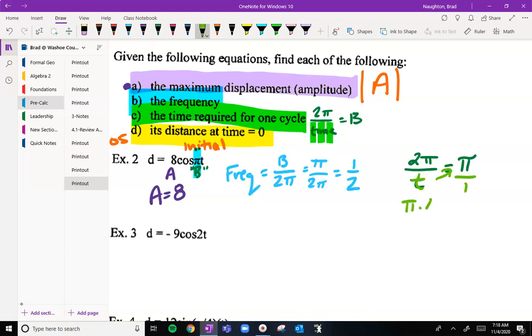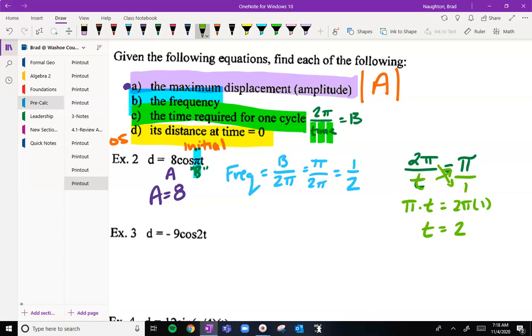So it's going to be pi times t is equal to 2 pi times 1. So then I'm going to divide both sides by pi. And it's going to take me 2 seconds or 2 minutes. I'm assuming it's going to be seconds here. Since if you ever seen a string, it moves pretty fast. So that's what we have right there.